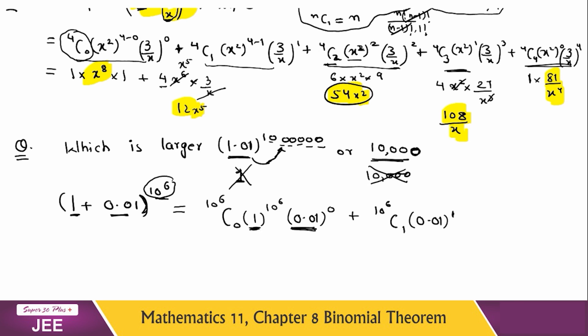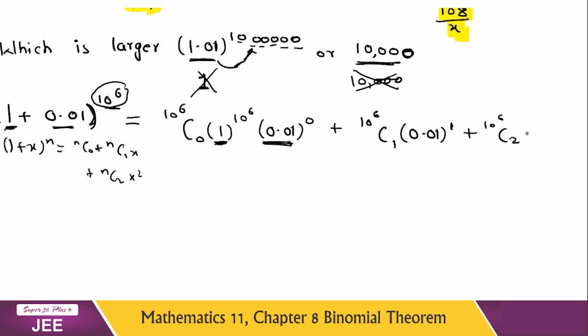You can directly use the expansion of (1 + x) raised to the power n. If you remember, this is nC0 + nC1 x + nC2 x squared. So the next term will be 10^6 C2, and along with it, let me keep it in brackets if it confuses you, we are going to have 0.01 raised to the power 2.